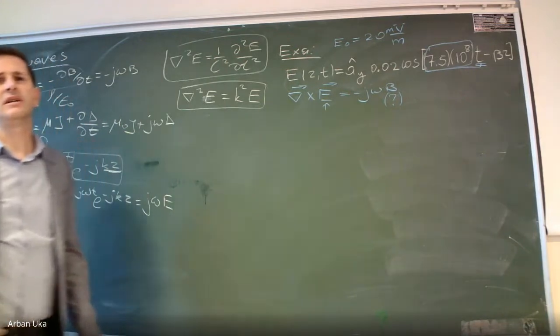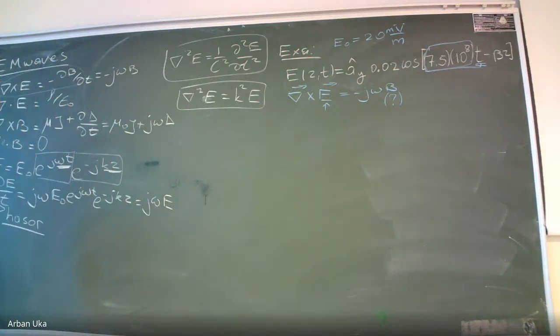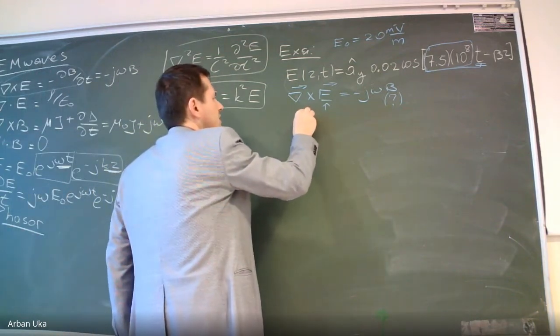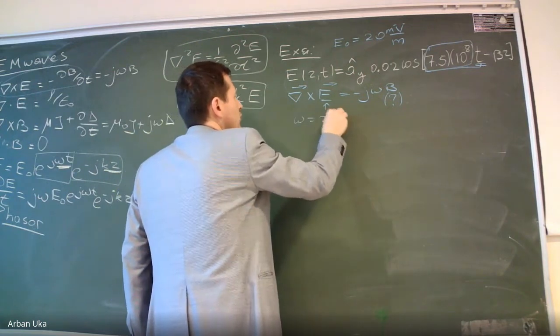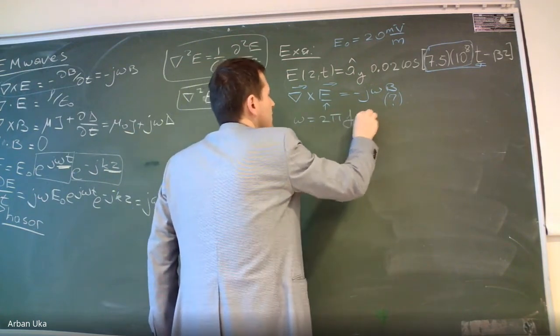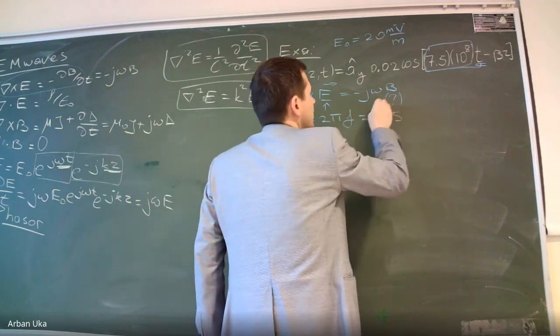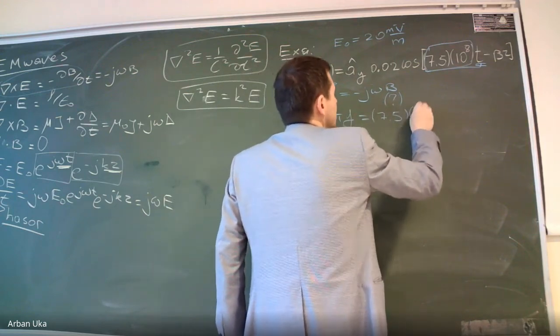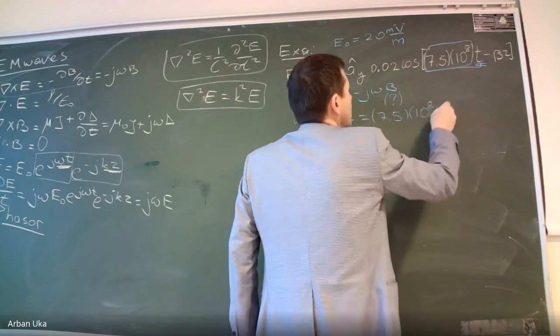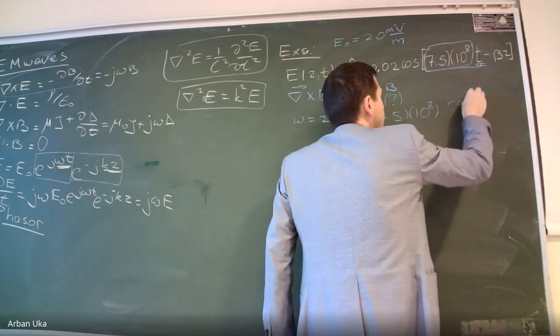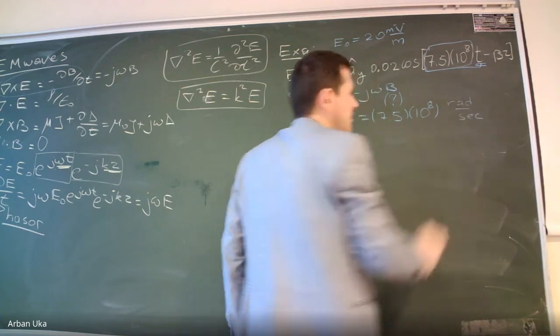This is omega, right? This is the angular frequency. So that means that we also know the frequency itself. So this omega, which is equal to 2 pi times the frequency, is equal to 7.5 times 10 to the power 8, and of course the unit here will be radian per second.